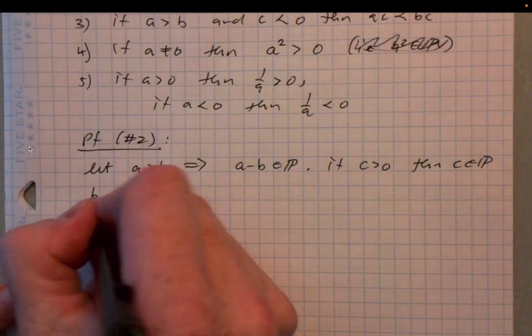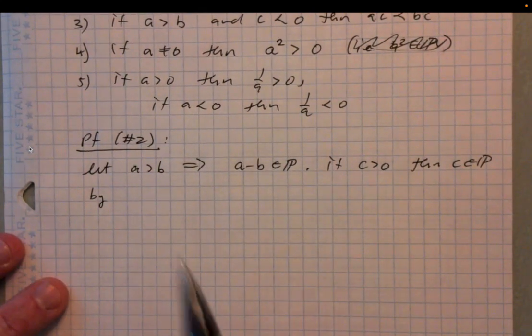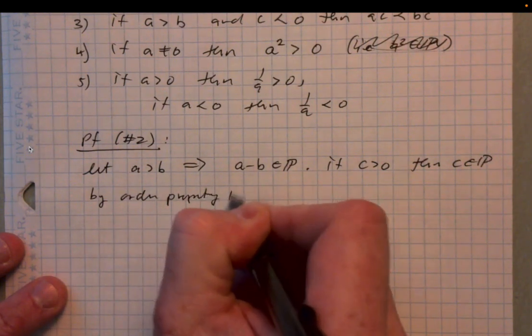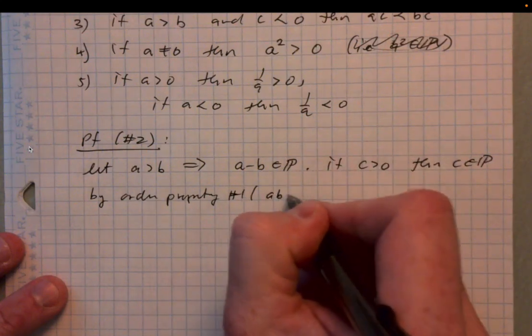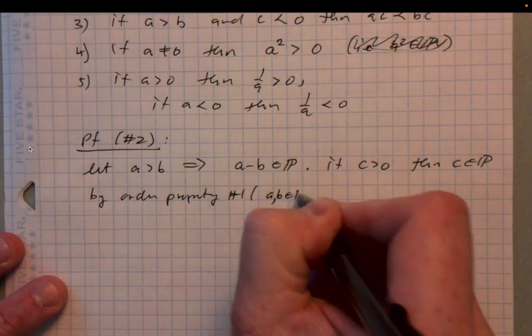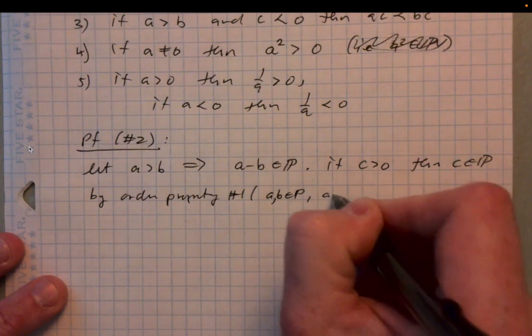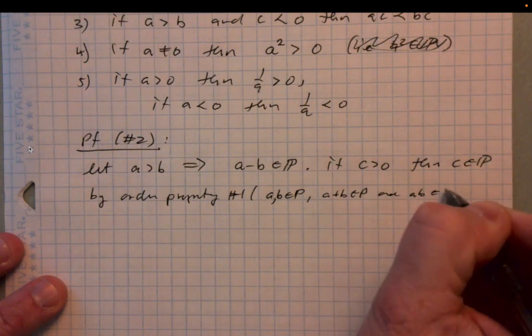Now, by the order property number 1, now what was that one? That said if A, B are in P, then A plus B is in P, and A times B is in P.